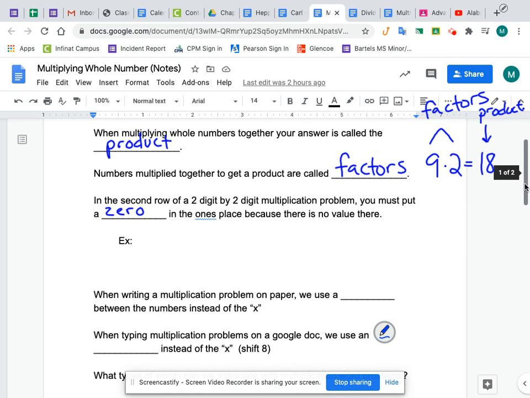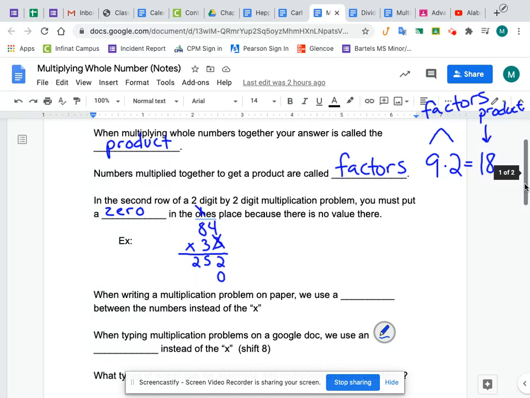So what I mean by that is if I have 84 times 33, I do my 4 times 3, which is 12, put my 2 down, carry the 1. 8 times 3 is 24, plus 1 is 25. Now, I like to cross out what I've already used for carrying, and then I have to cross this number out and put that 0 there to hold its place value.